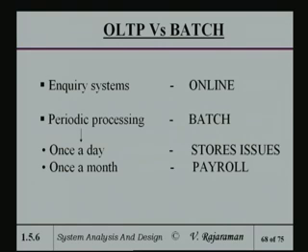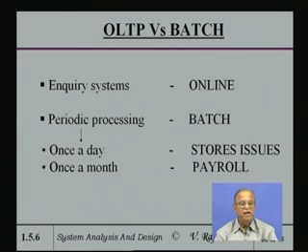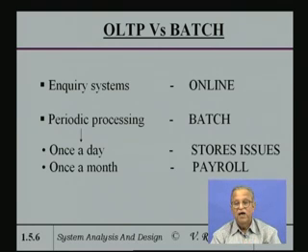The periodicity may vary depending upon the application. It can be once a month like in payroll, once a year like in CET, or once a day. At the end of the day, you try to find out how much of goods are sold, say in a retail shop, or how much money was collected. So, these are periodic, and the periodicity depends upon the application.